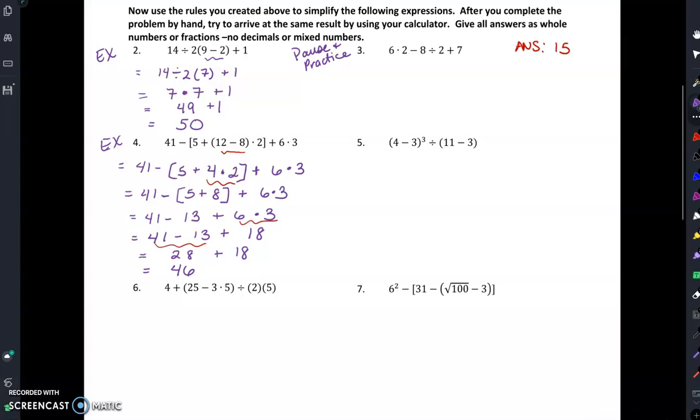Now again, you can pause the video and practice the next one on your own. And just keep in mind you have a cube here. So if you're not sure of what that is, you can go ahead and do it on your calculator. And again, for any of these, you try typing them into your calculator using the grouping symbols as needed and see how it matches up to everything.